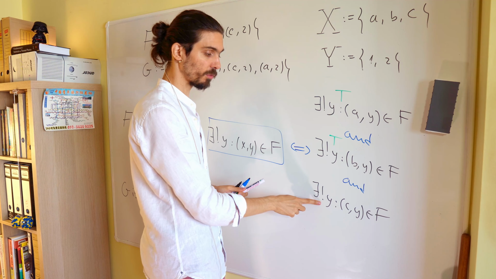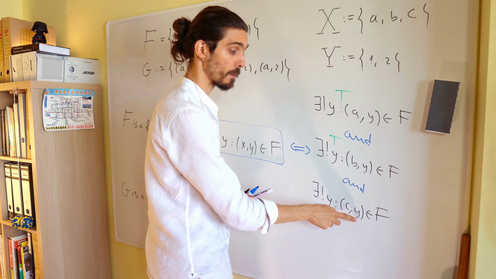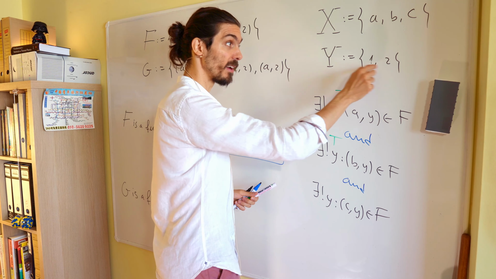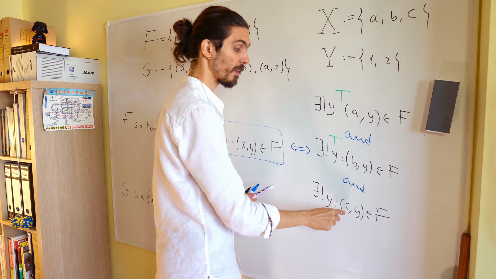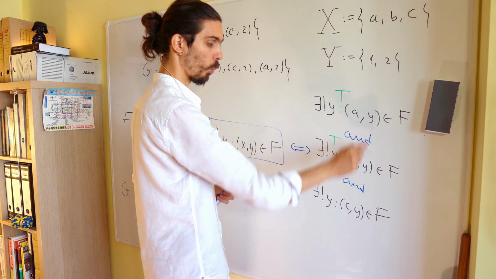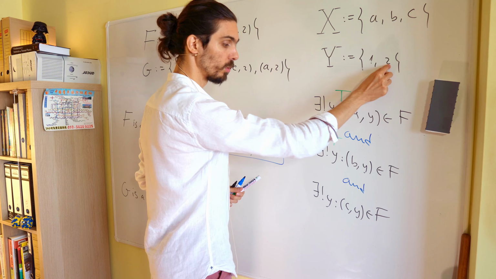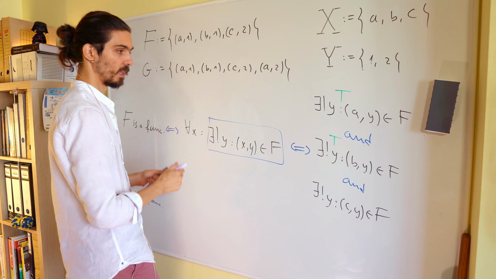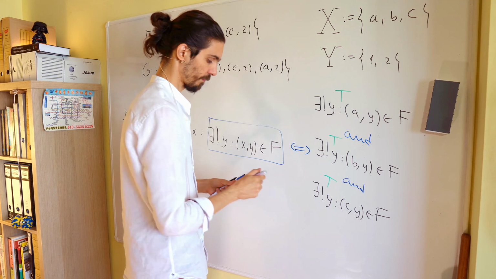Finally, is it true or is it false? There exists only one y that pairs with C, that makes in turn cy in F. Well, it's true. When y is 2, you have c2, and c2 lives in F. It's here. So again, this is true.